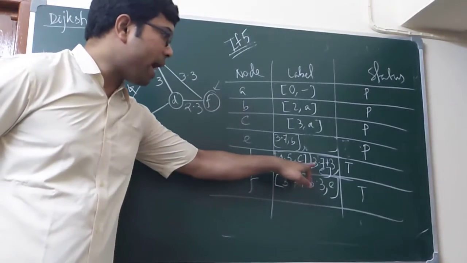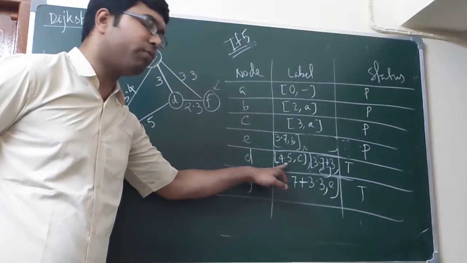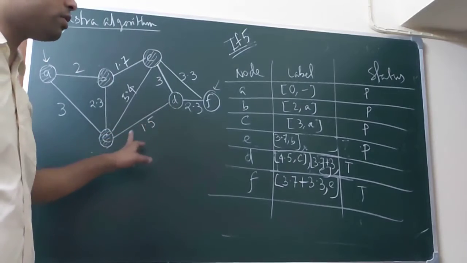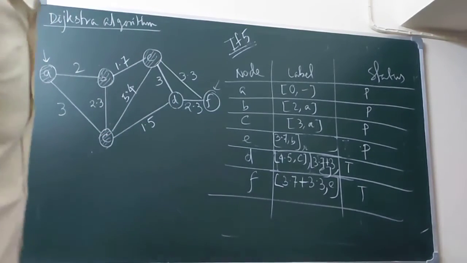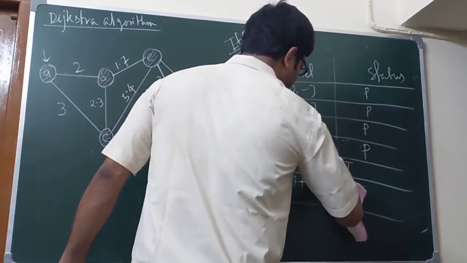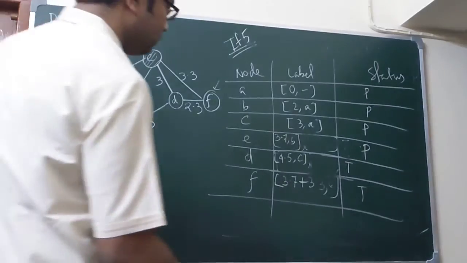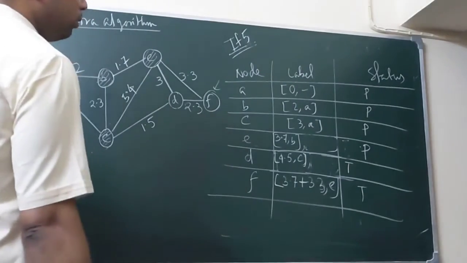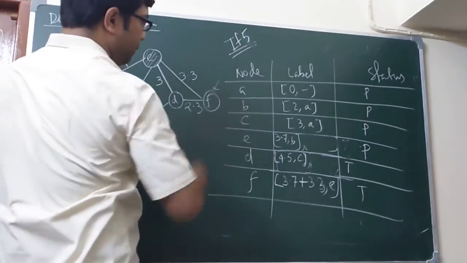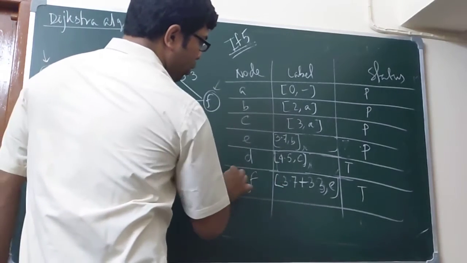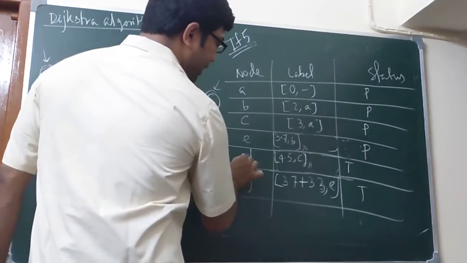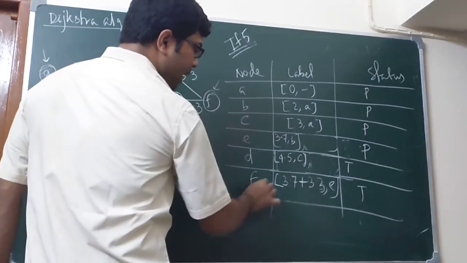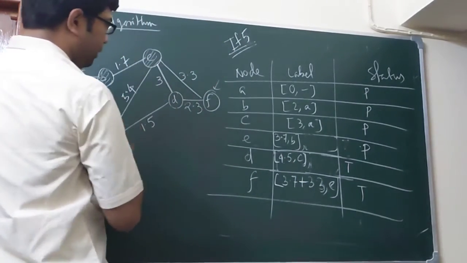Now 4.5 and 3.7 plus 3, which one is smaller? Obviously 4.5 is smaller, so this D node can be accessed via only C, because this is the shorter one. So we discard the via path through E. Now, at the end of iteration 5, we have two temporary nodes, D and F. The cost of D is 4.5 and F is 3.7 plus 3.3.